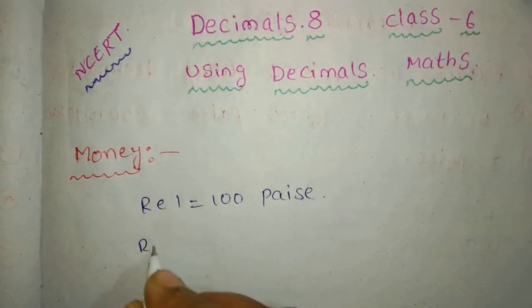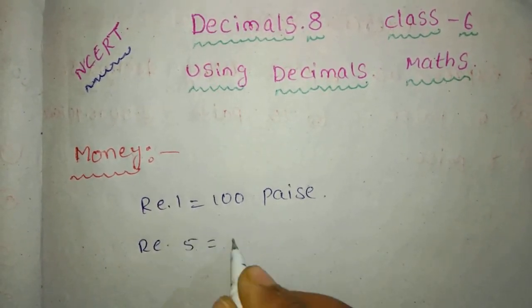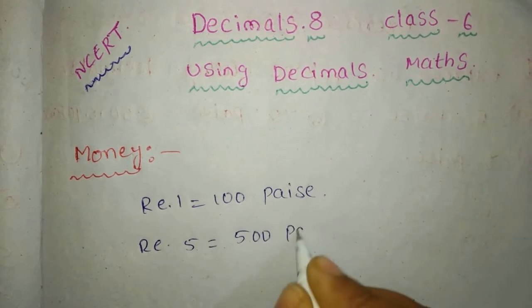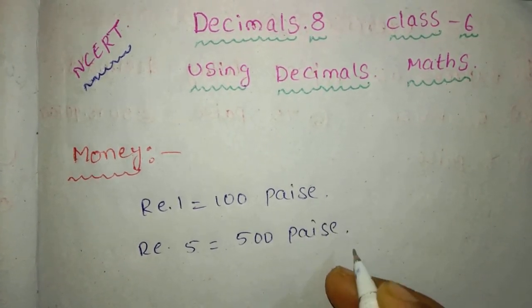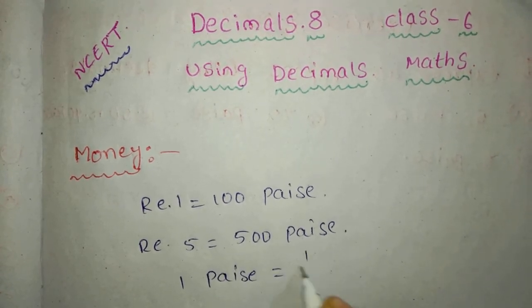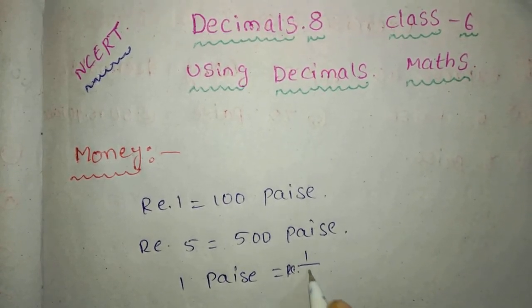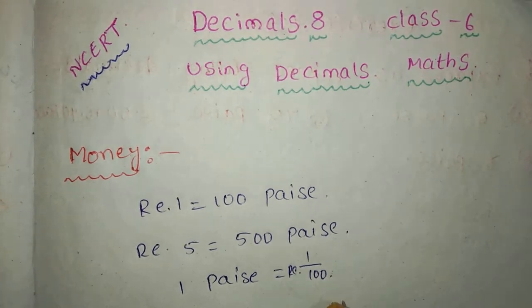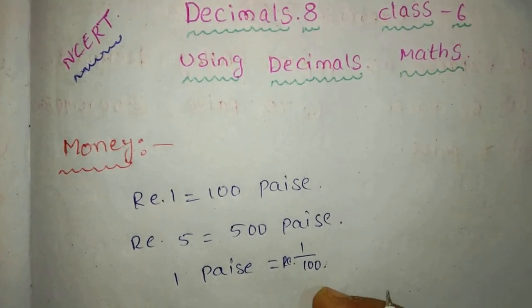Then 5 rupees is equal to 500 paise. And then 1 paise is equal to 1 by 100 rupee.